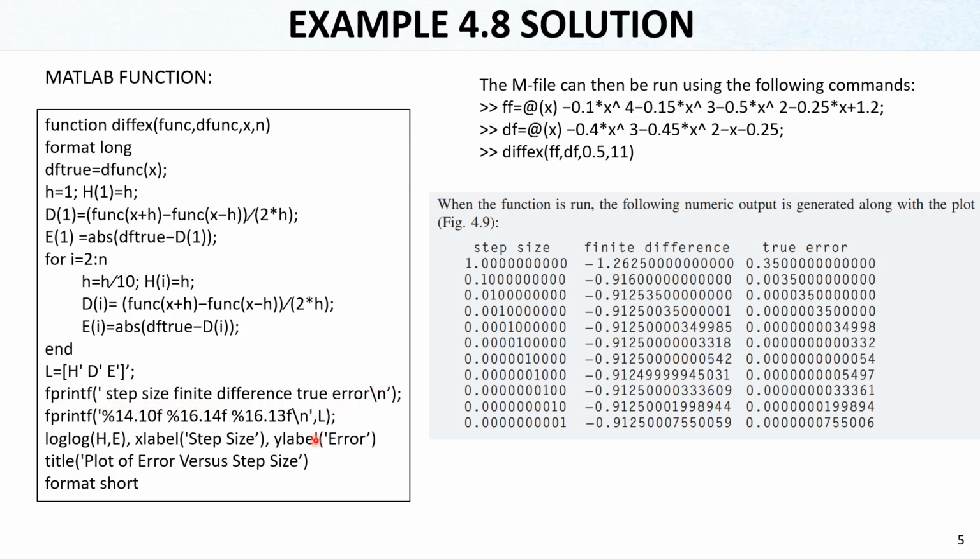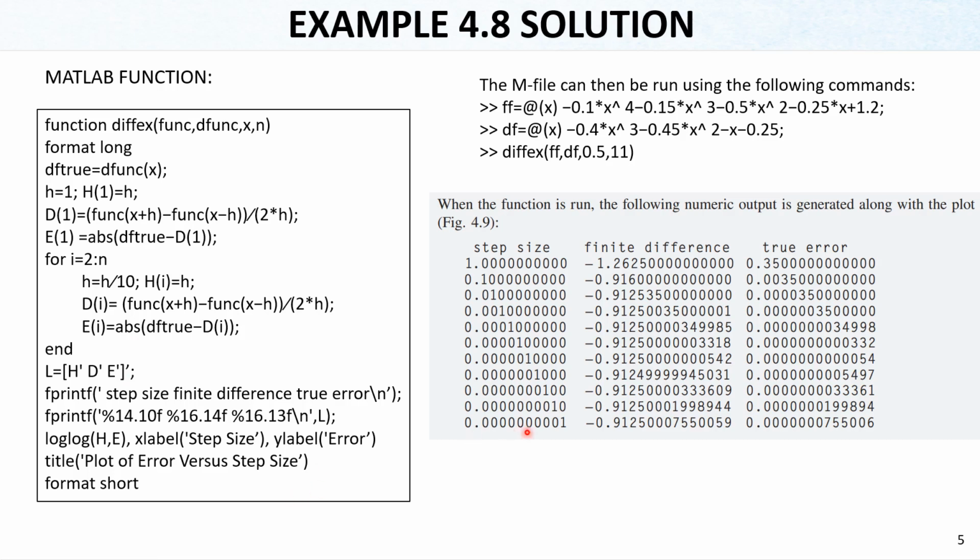So these are actually the demonstrations of the values, and I will keep this short. You can just copy these and paste to MATLAB and see what these do. We actually want to plot the h and e. H is the step size, and e is simply the error values.